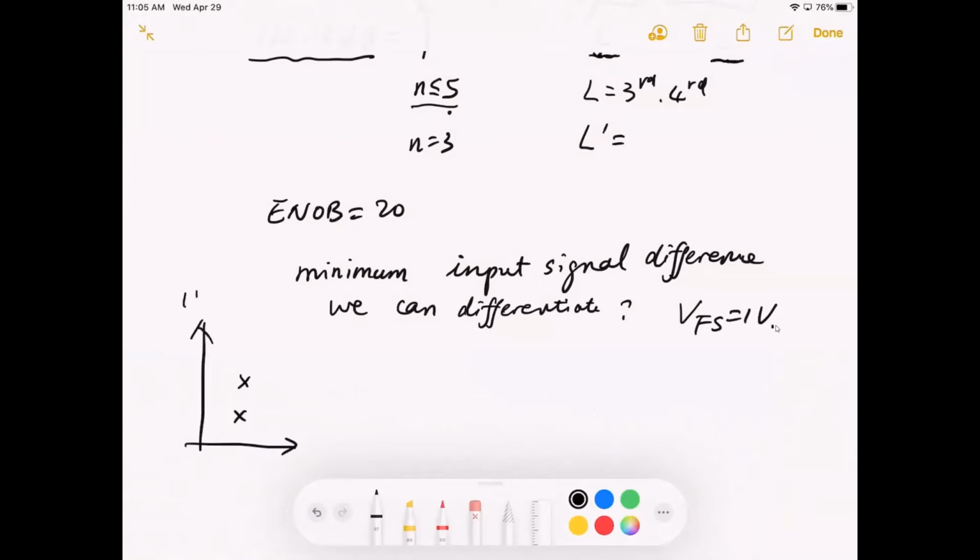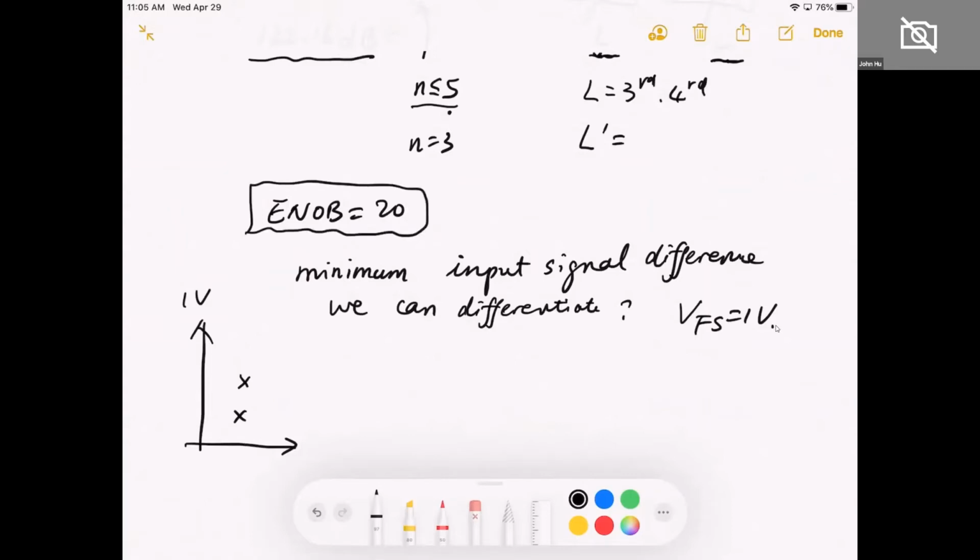Is it 1 divided by 2 to the 20? Exactly. That is the key, because the effective number of bits is what really determines the resolution of an ADC.